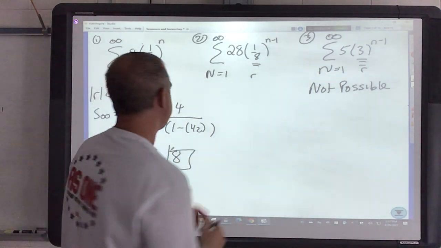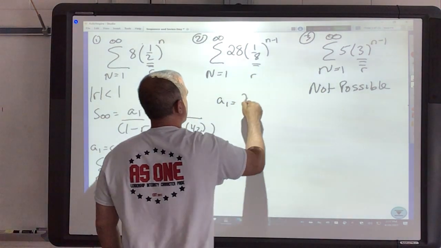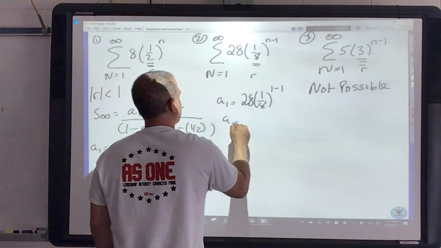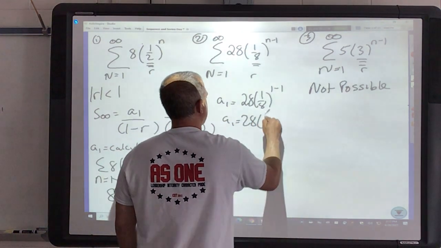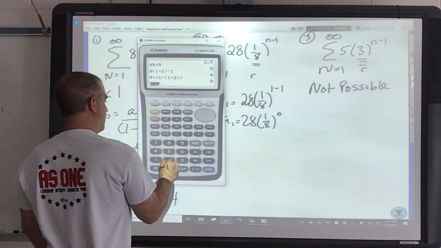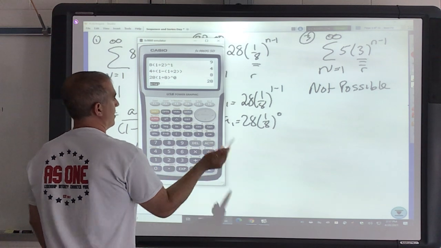Okay, this one, I have to calculate A1. So what I'm going to do is put 1 in for n, so that's going to be 28 times 1/8 to the 0 power, you get 28.